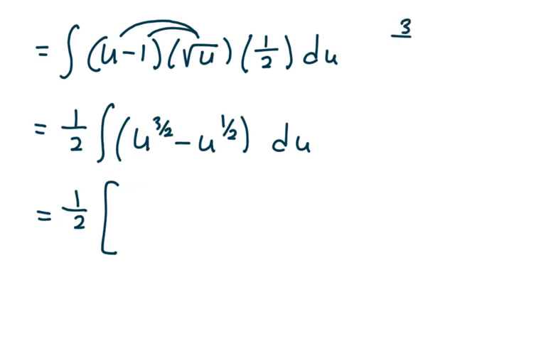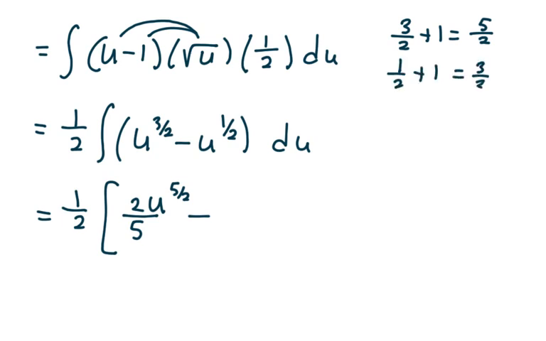Now, remember that 3/2 plus 1 is 5/2, so I'm going to get u to the 5/2. But if I divide by 5/2, I'm really multiplying by 2/5. And then 1/2 plus 1 is 3/2, so I get minus 2/3 u to the 3/2 plus c.